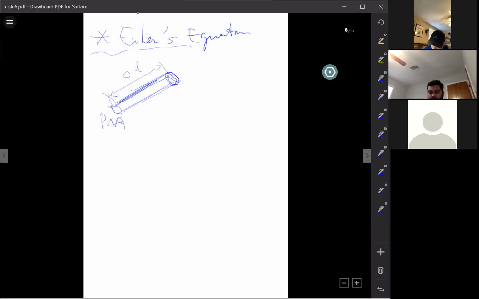The only difference here is now we have the acceleration. P plus delta P, delta A, right? You have an acceleration along the L direction, let's say AL. The fluid is moving. So for the force balance, again you have a weight, right? Remember the same thing, you have components of the weight.